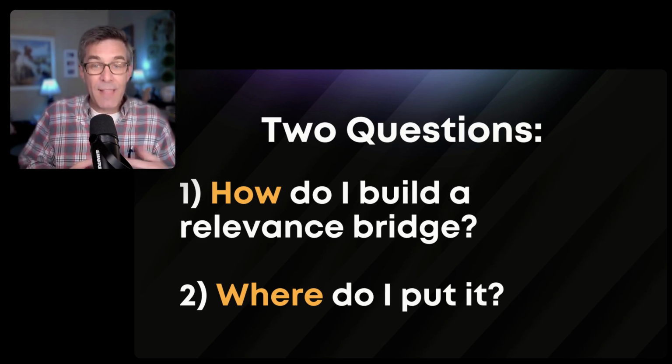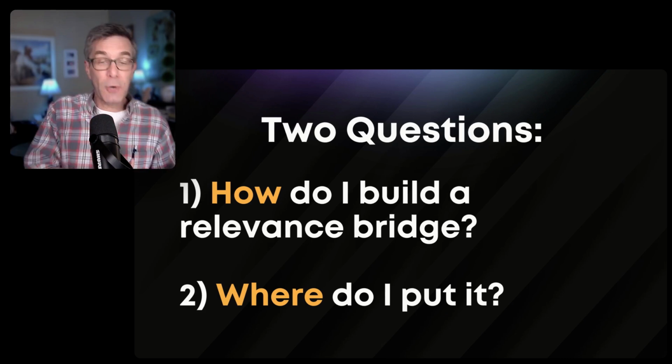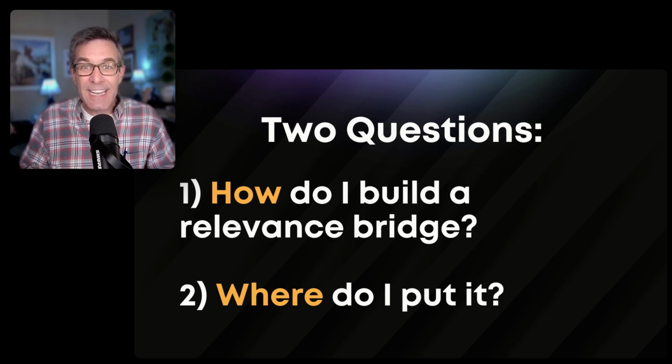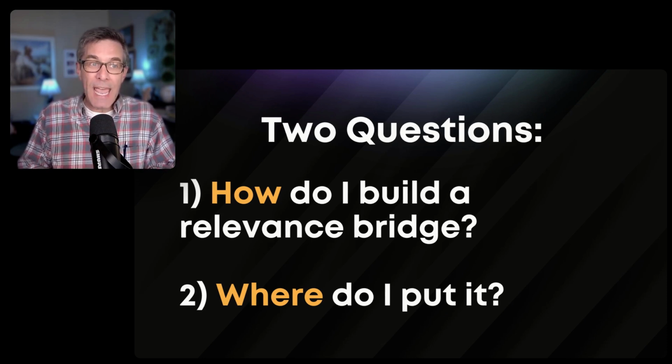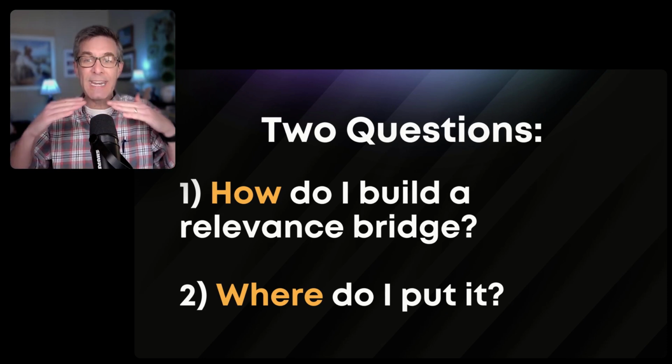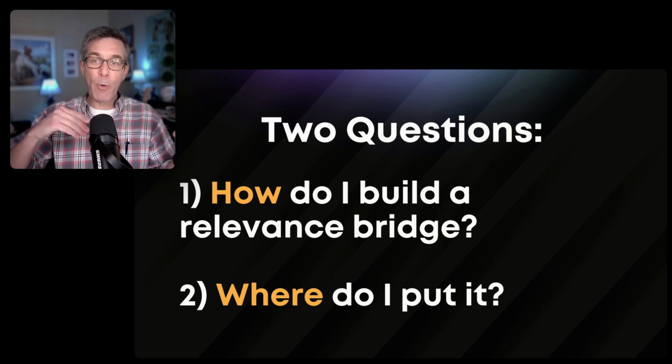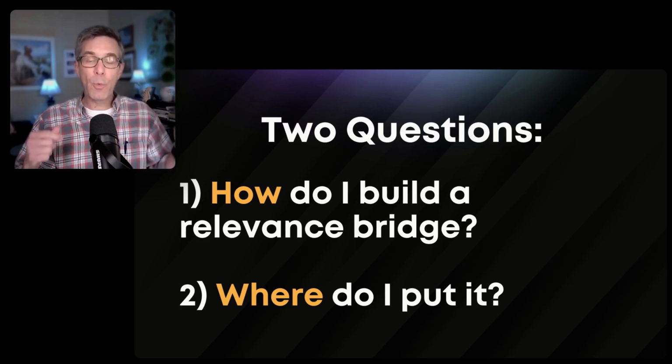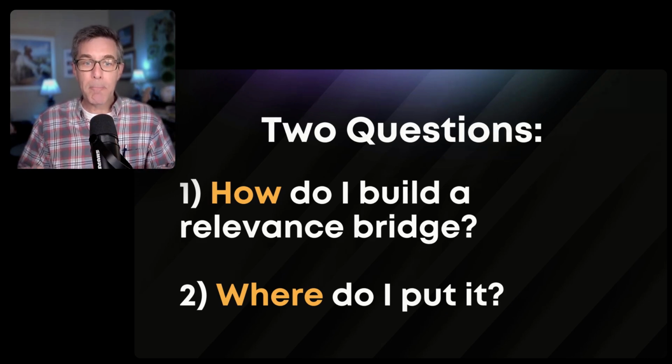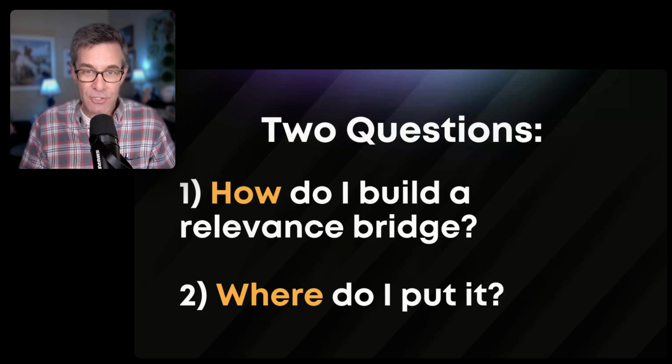The same things that they struggle with, we struggle with. It's exactly the same. And so when we can bring an awareness of the connection between their world and our world, we have just built the relevance bridge.